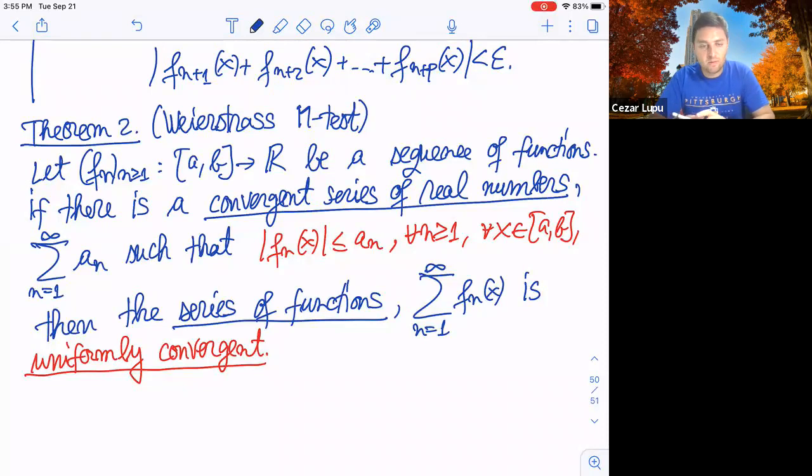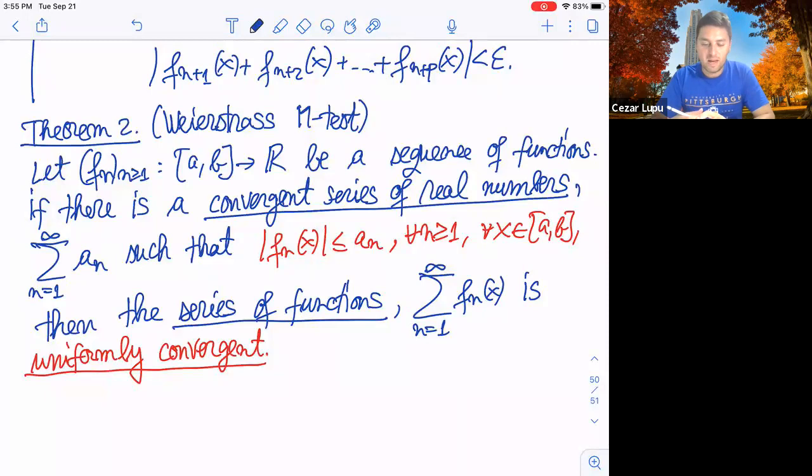You just get uniform convergence. It's pretty easy to get uniform convergence by using this. But there are some cases, and we will see in applications, where the Weierstrass test doesn't always work.